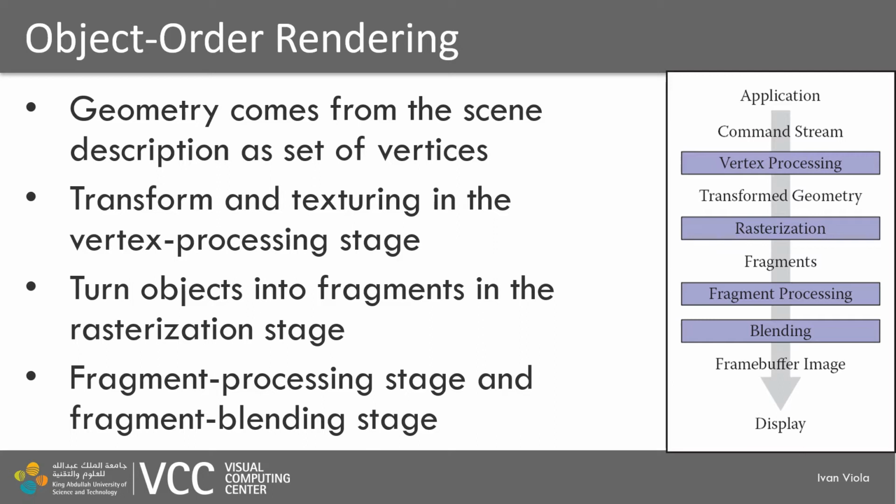So here we can see the pipeline once again, and the different stages are highlighted in blue, where also the individual results of these stages are shown. At the beginning, we have a certain application where we prepare, first of all, a certain scene, and also we have certain settings, states, which we would like to set up, how the rendering should be realized in particular.